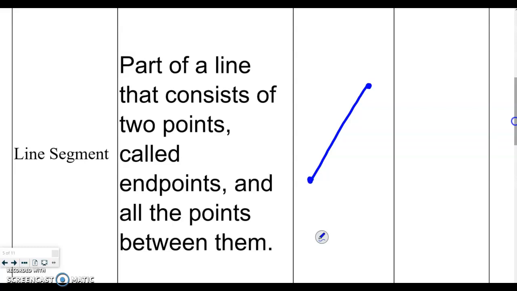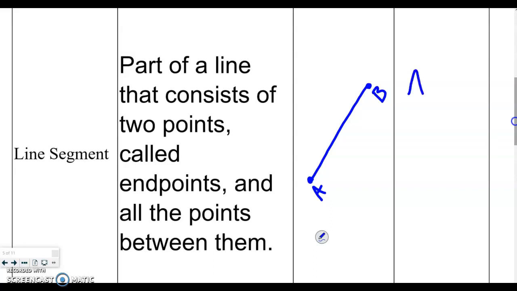It's not the full line. It says it consists of 2 points called endpoints. So if we have point A and point B at the end of that straight line, there are endpoints. The line does not extend beyond.